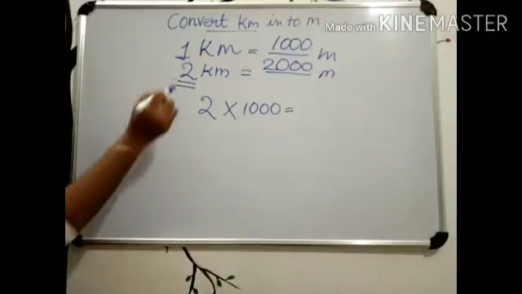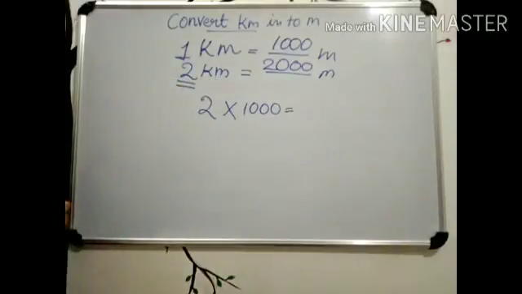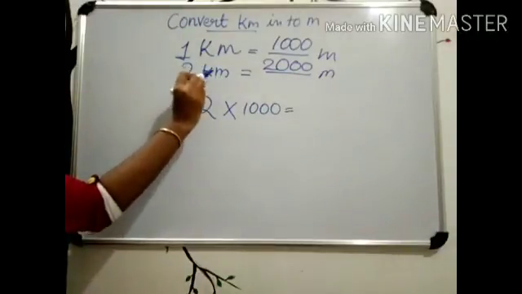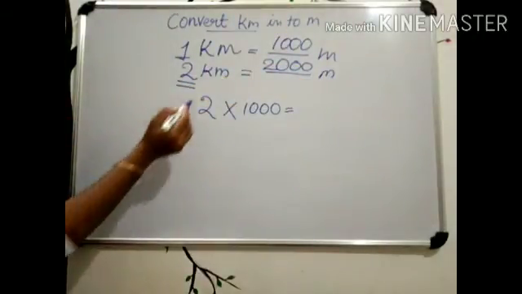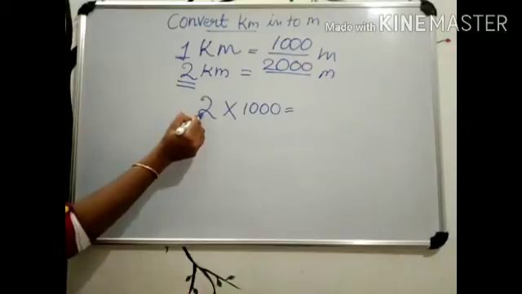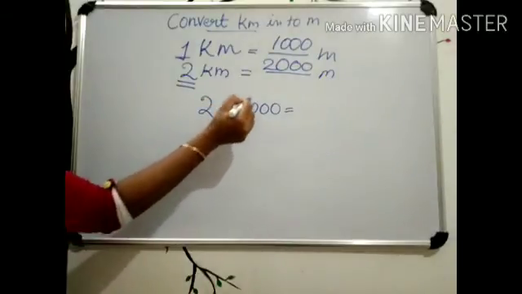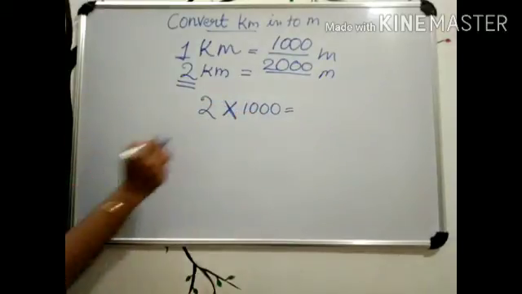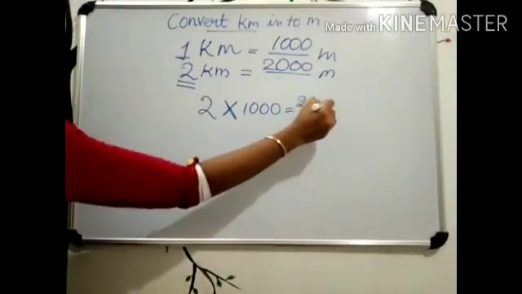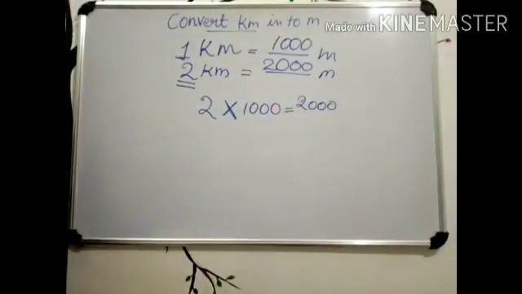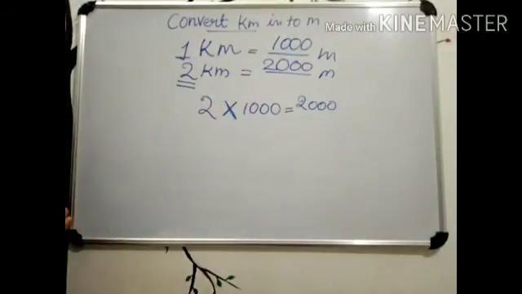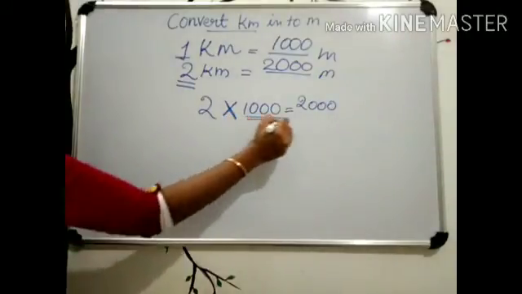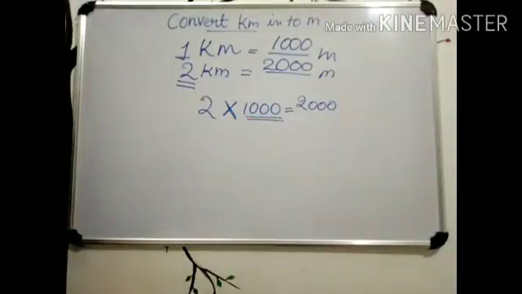So here children, here is 2 kilometer. Convert that 2 kilometer into meter. So for that, you should take this number 2, and 2 into 1000 is 2000. So when we want to convert kilometer into meter, you should multiply that number with 1000. Understood?